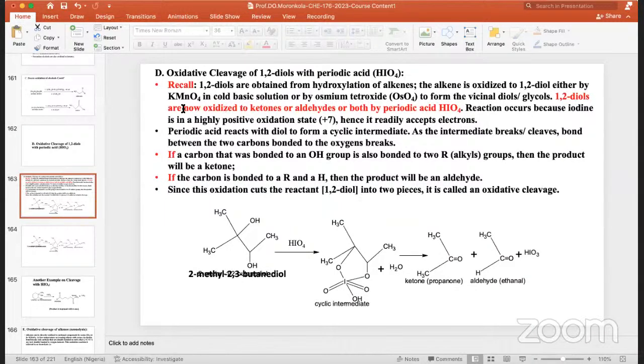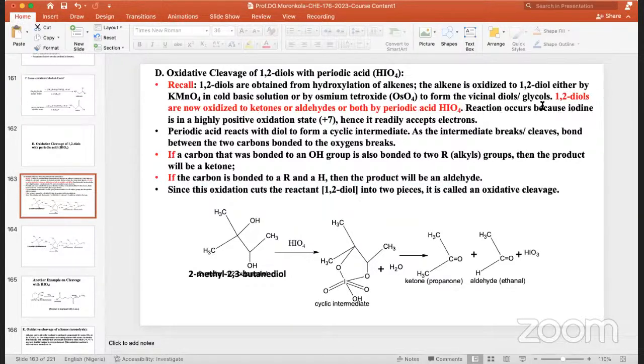The 1,2 diols are now oxidized to form ketones or aldehydes or both of them. Like in this case, it's forming both of them: one molecule of aldehyde and one molecule of ketone, because of the structure we started with, in the presence of HIO4, the periodic acid.